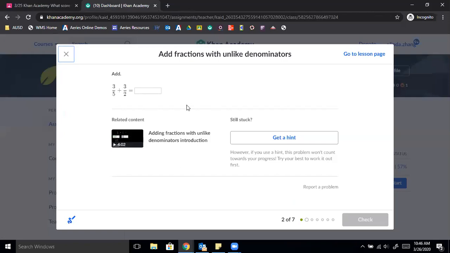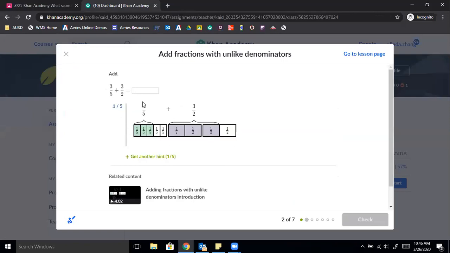Do not press the back button when you're on Khan Academy, or at least not on this page. Okay. If you're still stuck after watching the video, because sometimes you need a lot of examples in order to get it better, they're gonna give you hints. Okay. And it looks just like that step-by-step solution we saw for that last problem.